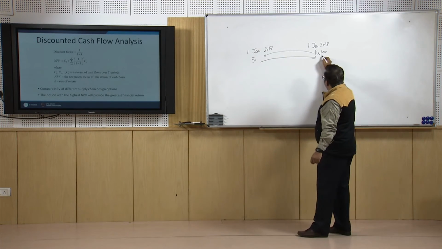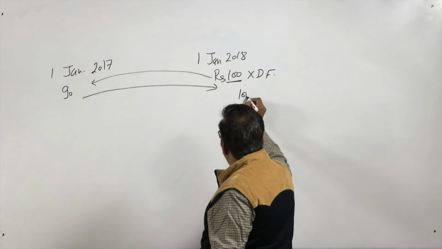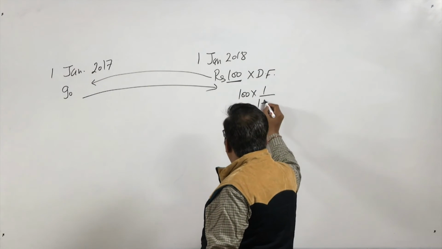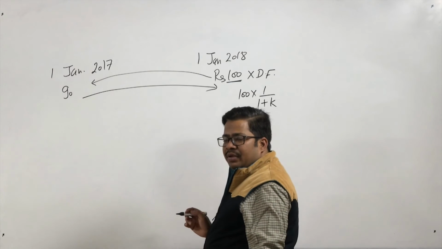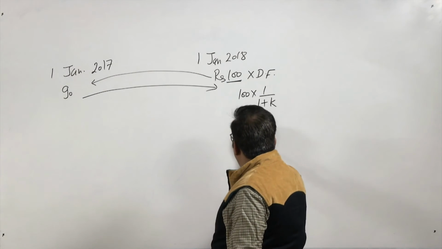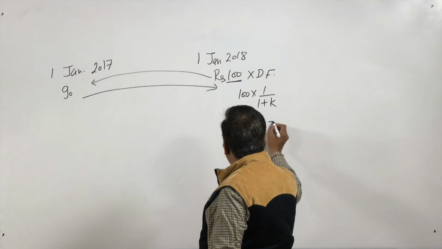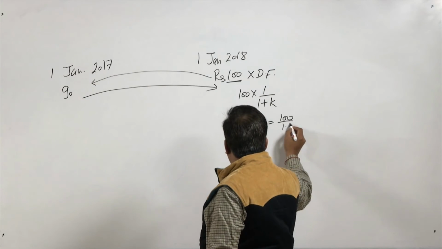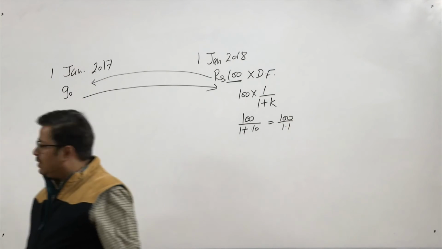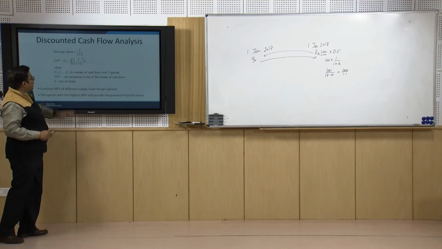So I will multiply this 100 by that discount factor: 100 into 1 upon 1 plus K. If, let's say, the rate of return is 10%, then 100 upon 1 plus 0.1, so 100 upon 1.1. That will be the present value of that money. So this is the use of this discount factor.